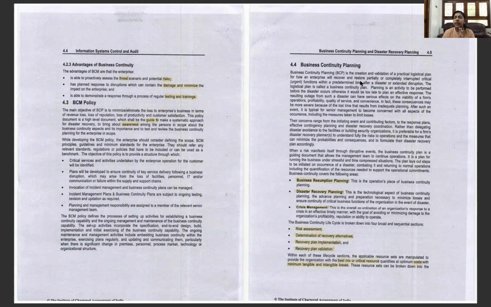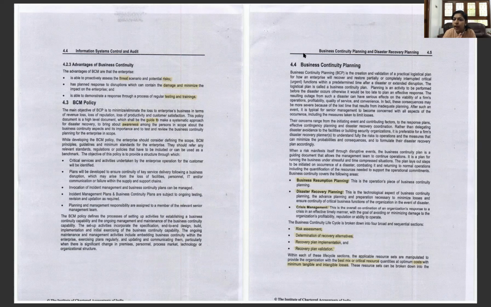So one thing is that a disaster is going to happen. There might be some damages. So how do we minimize such damages? How do we recover from it soon? And how do we resume our operations with less lag in time is what business continuity brings about.